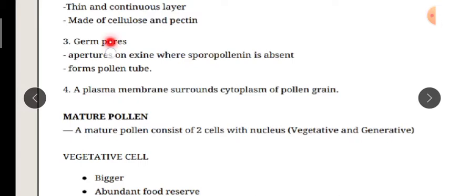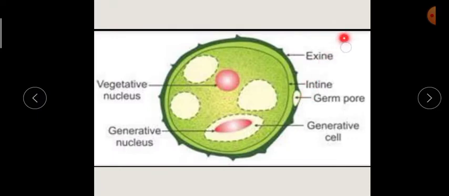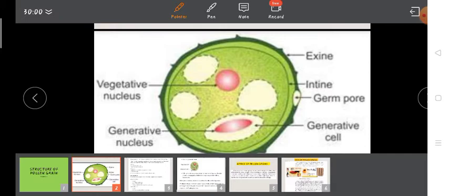And this germ pore later on will form a pollen tube. One tube-like structure will be formed, which later helps in the reproduction or fusion of gametes, or helps this pollen grain unite with the female gamete, the ovum.